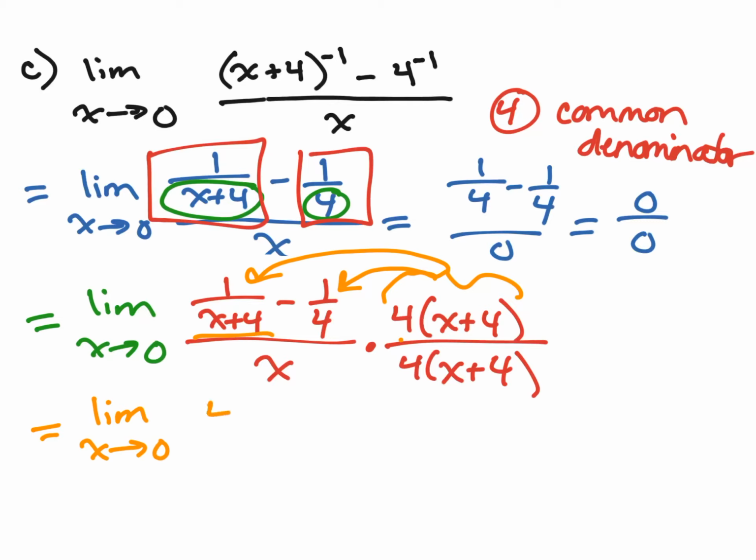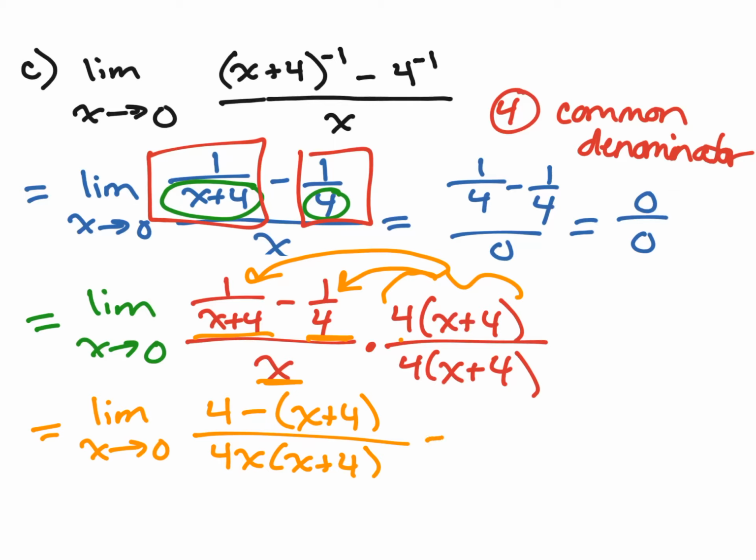The x plus 4's cancel, and I get 4. When I multiply by my second fraction, the 4's are going to cancel, and I'm going to get minus x plus 4. And remember, this x here is what we want to cancel out in the denominator, so I'm not even going to distribute or do anything. I'm going to hope that it's going to simplify out.